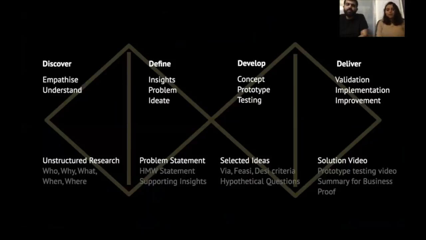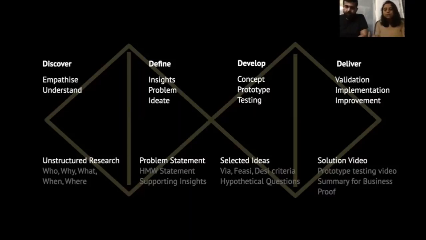What we expect you to design, what we expect you to submit as your POC, is these 4 steps of the double diamond process: discover, define, develop, and deliver. In Discover, you're expected to submit unstructured research in the form of a Word document, which covers all the information related to the problem area or the topic that you have selected.